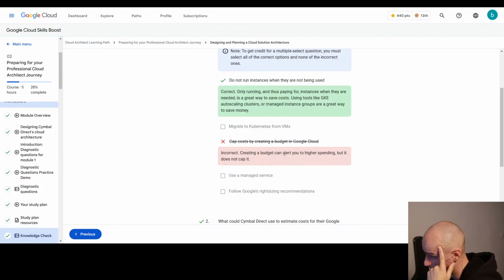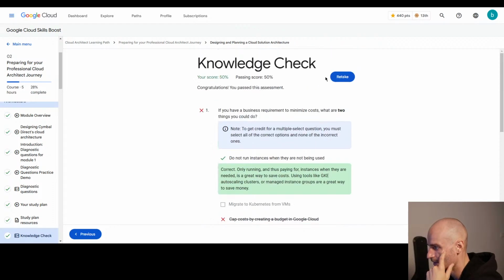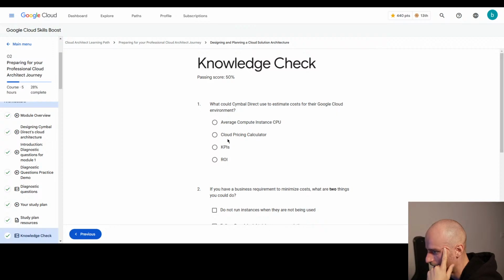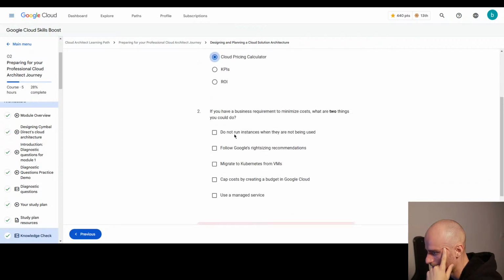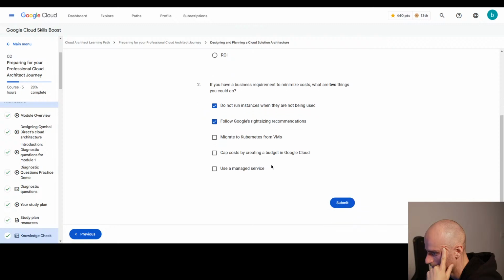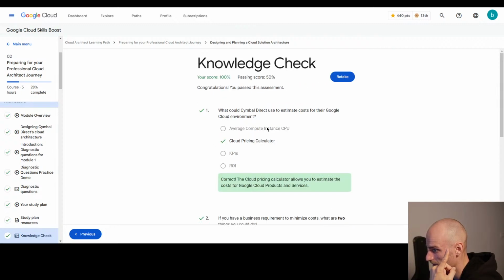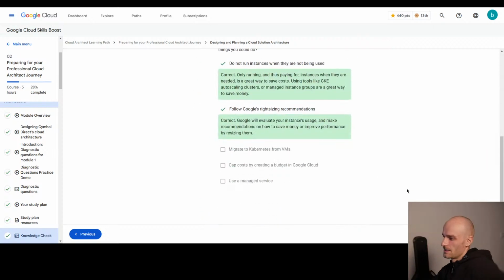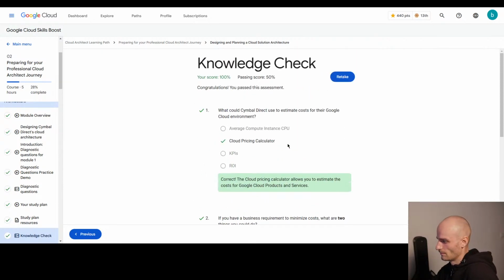Creating a budget can alert you to higher spending, but it does not cap it. Oh. So was it that simple? Yeah. Let's go. Next.